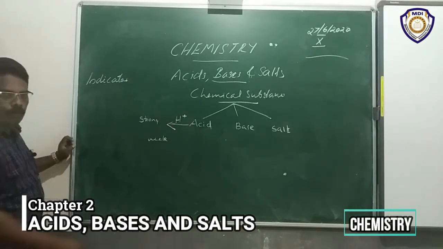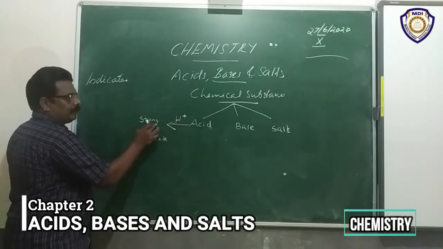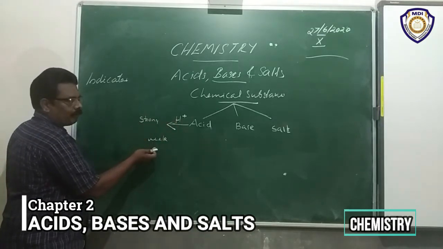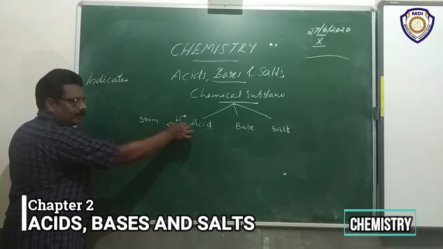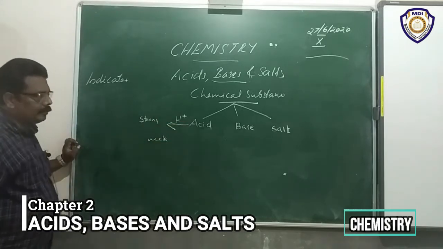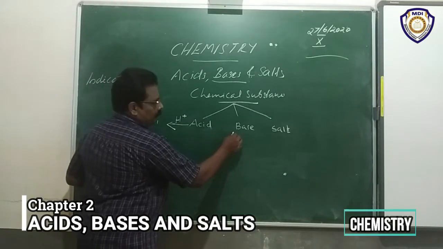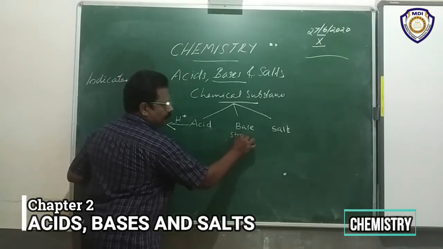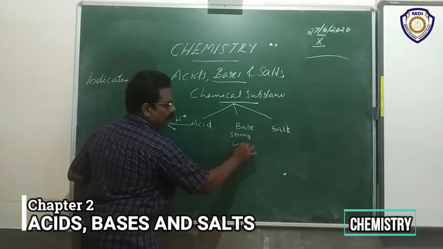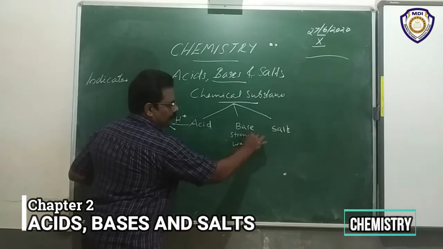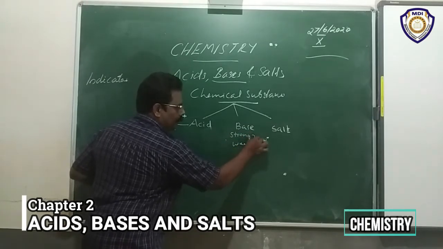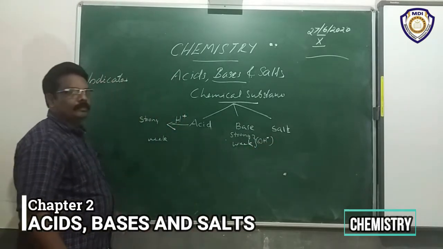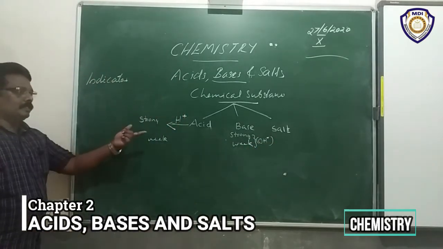So we have two types of acid, strong acid and weak acid. Like that, strong base and weak base, based on the concentration of hydroxide ions, OH minus.